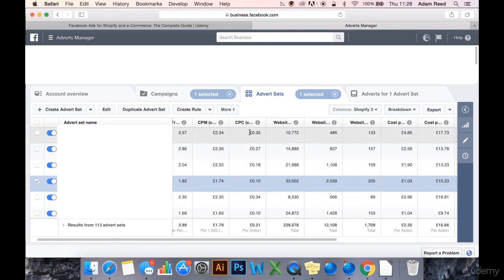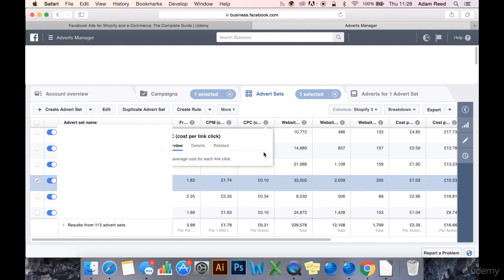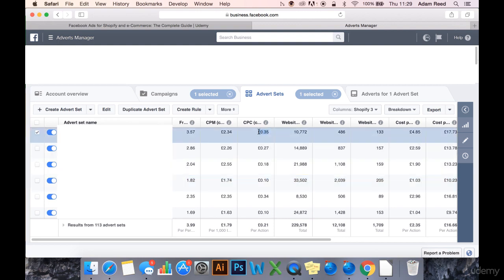Okay? And the reason this is important, I just realised I haven't explained this, is because, for example, say you have a budget of £1. You're going to get 10 clicks a day from that £1. With this ad creative, you're only going to get 3 clicks a day from that £1.